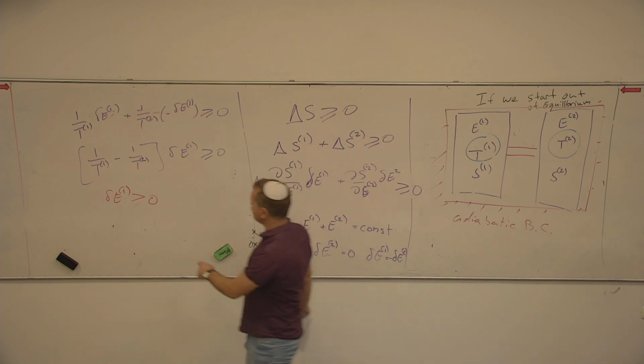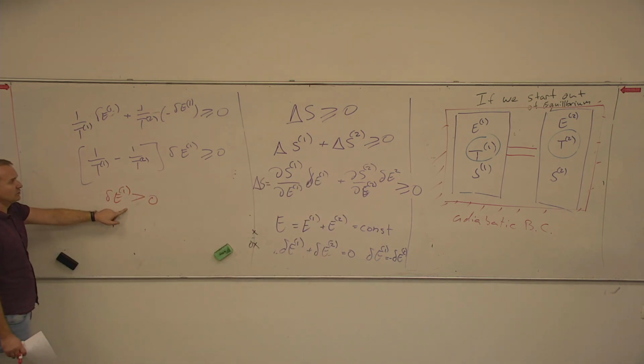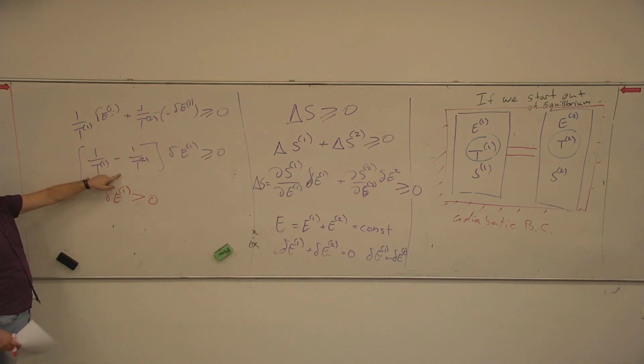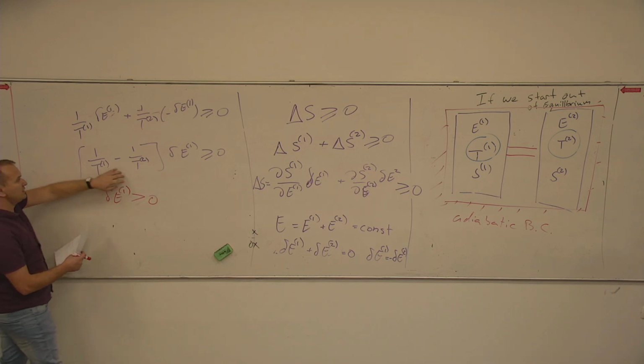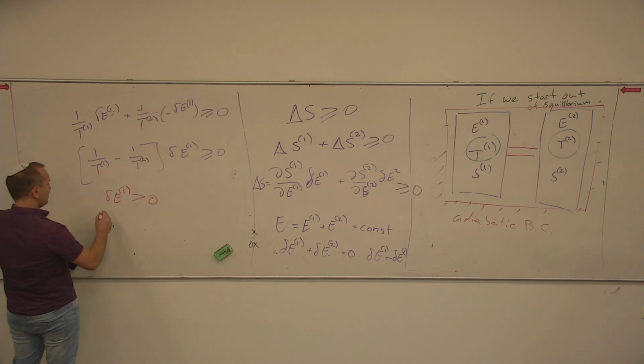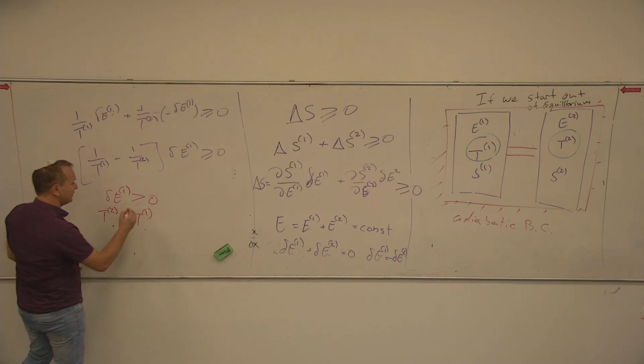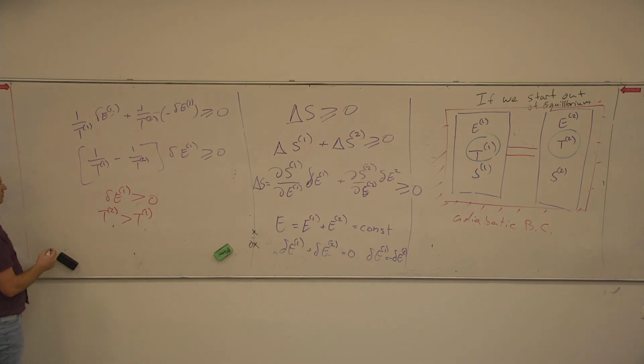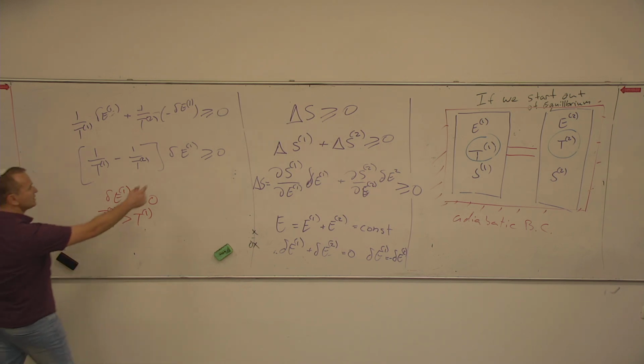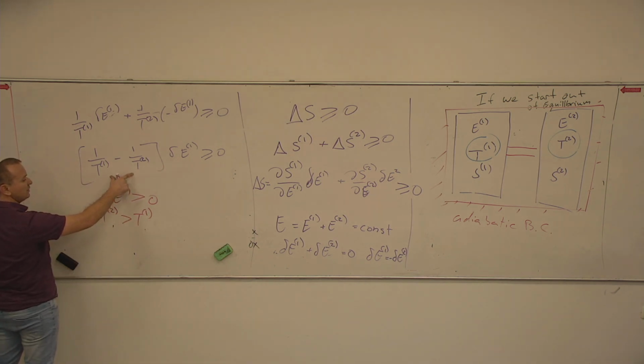So if delta E1 is greater than 0, then this factor is also greater than 0, right? So if this is greater than 0, T2 is larger than T1. Yes, that's right. This has to be greater than 0.